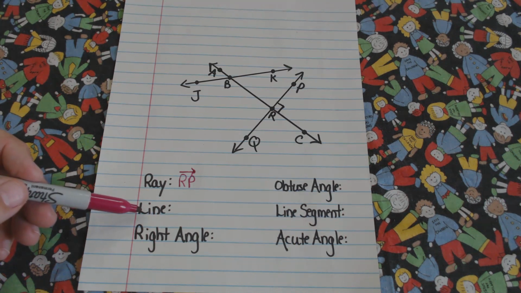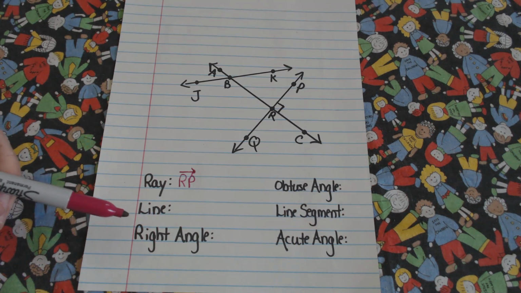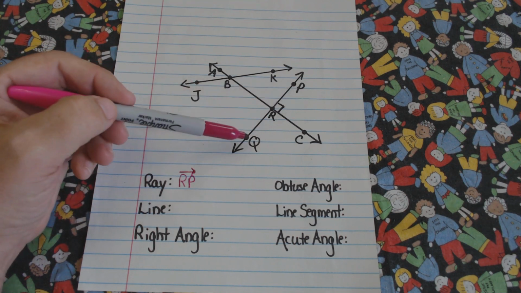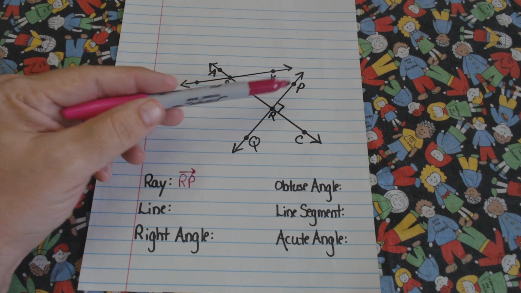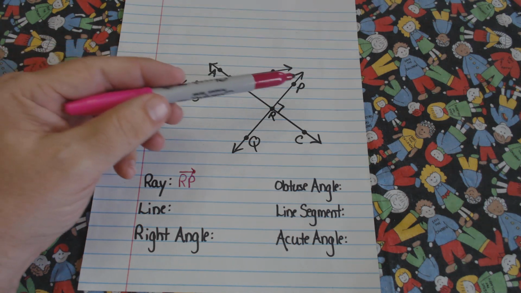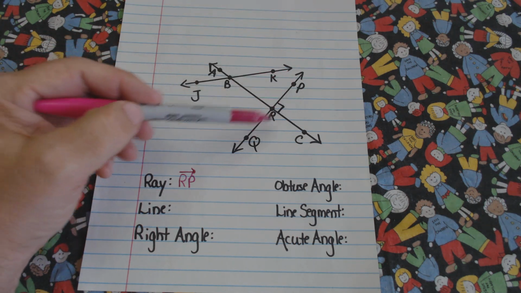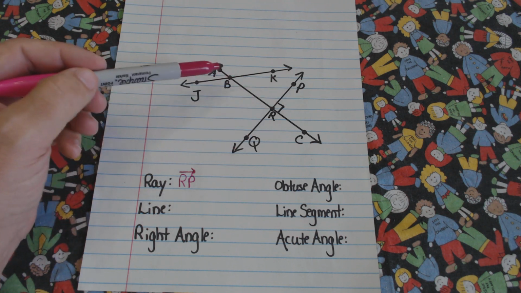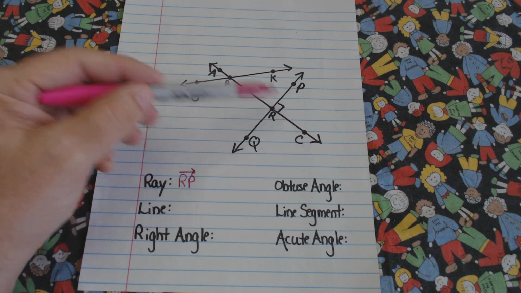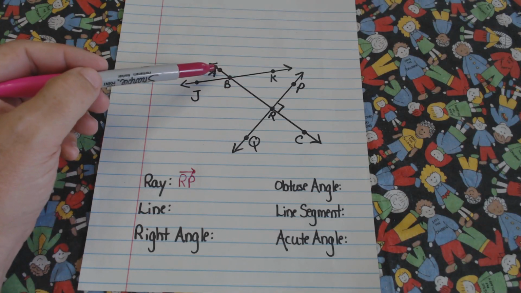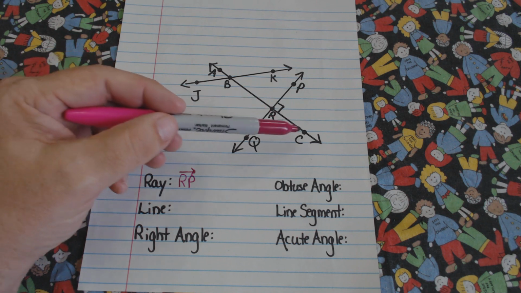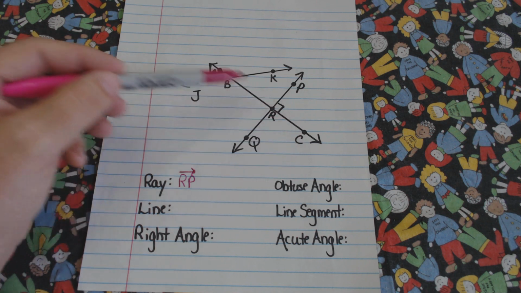Let's find a line. Again, there's several lines here. We have line QP, or we could even say QR is a line. We could also call that PQ or PR, because the order doesn't matter on lines. We have line AC, line AB, line AR, and the inverse of those, CR, CB, CA.